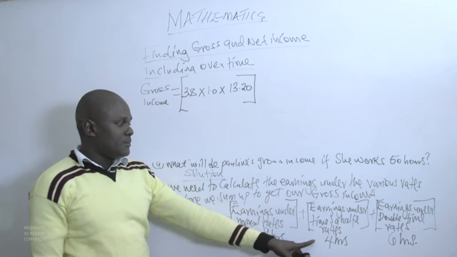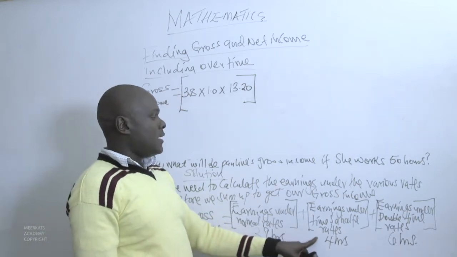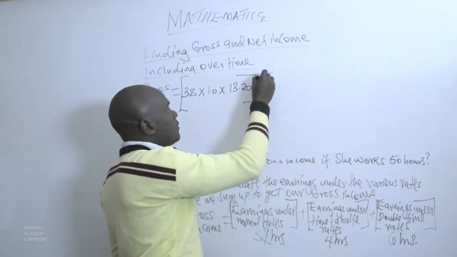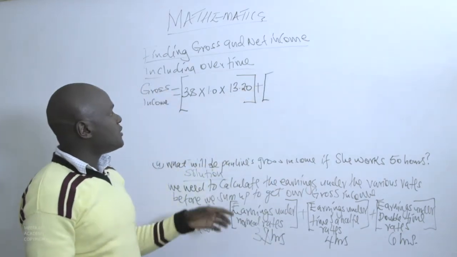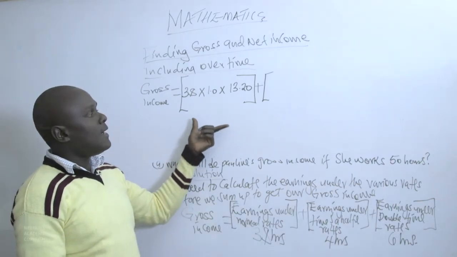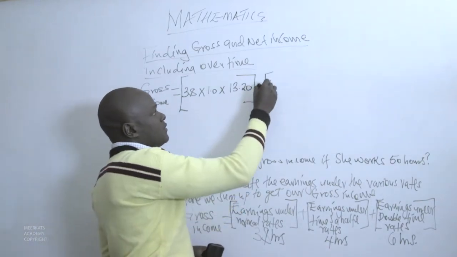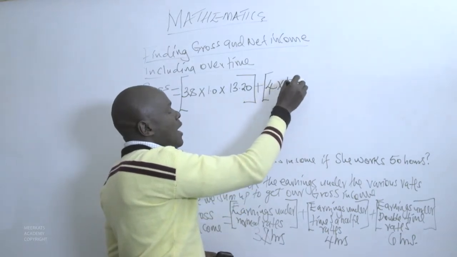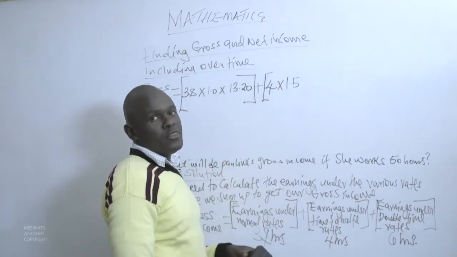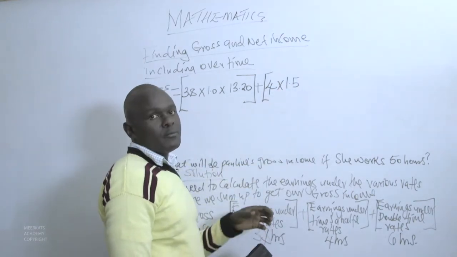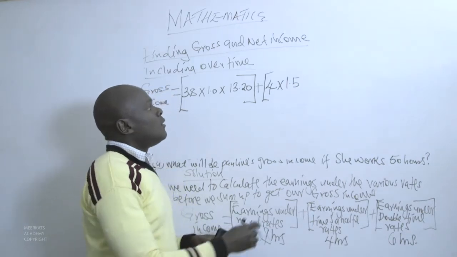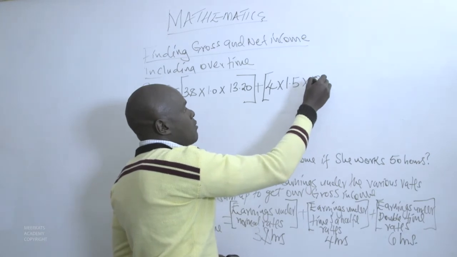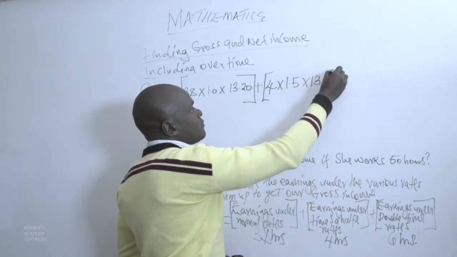We move on to the second part, where we are going to calculate the earnings under the time and a half. Under the time and a half, we still need to look at how many hours are under that particular category. And we have said those are 4 hours multiplied by the rate, which is 1.5 of the normal rates, multiplied by the normal rate, which is 13.20.